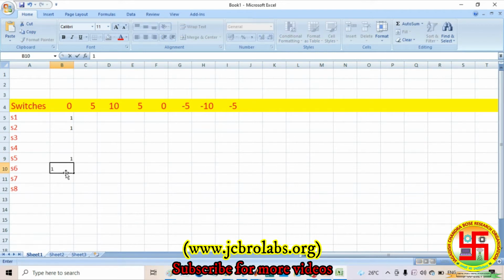When I turn on a switch, I am considering it as 1. This is the truth table. If we complete the truth table, our simulation will be completed. So 1 and 2, 5 and 6 we are turning on. The remaining switches will be 0, 0, 0, 0 here. So now you can see here.